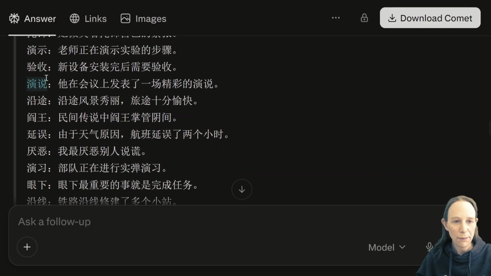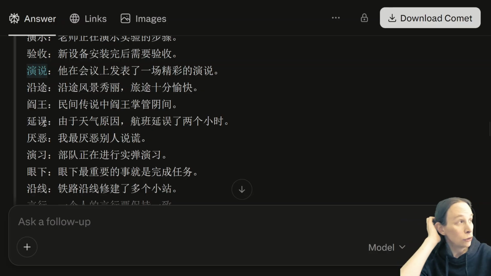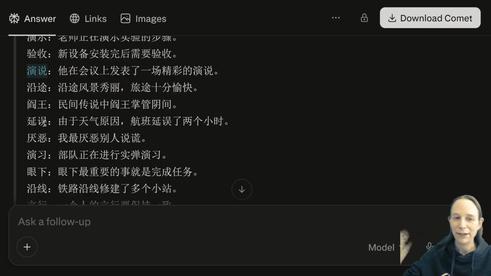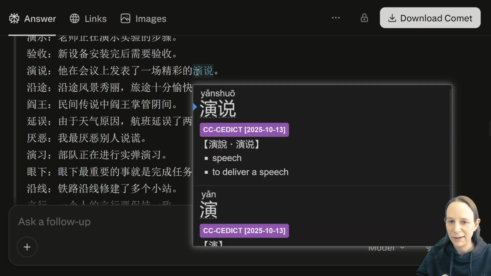演说. What is 演说? Not sure. 说 can mean like doctrine or something like this. Could it be doctrine? I'm not sure. 他在会议上发表了一场精彩的演说. Oh, is it just a speech? Yeah, it's yet another way of saying speech.